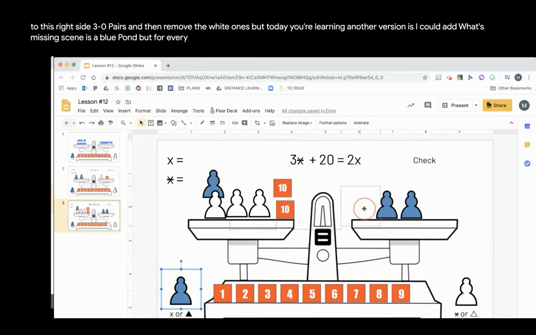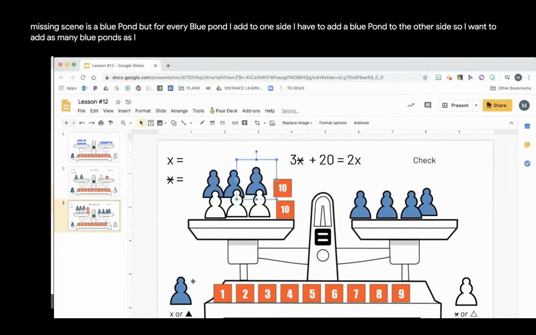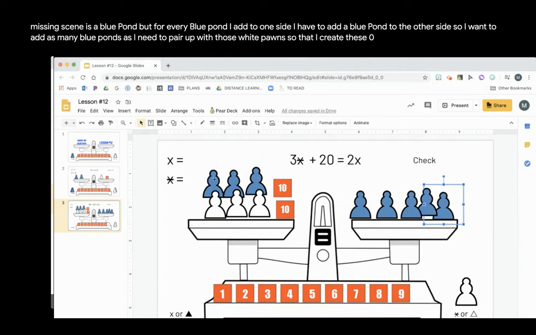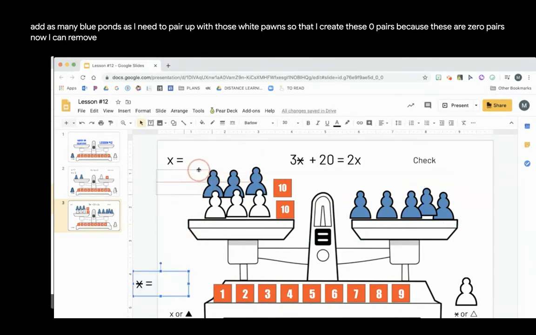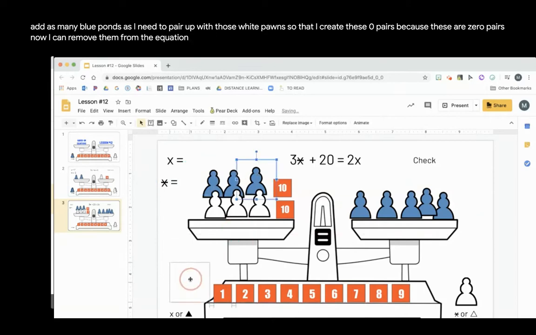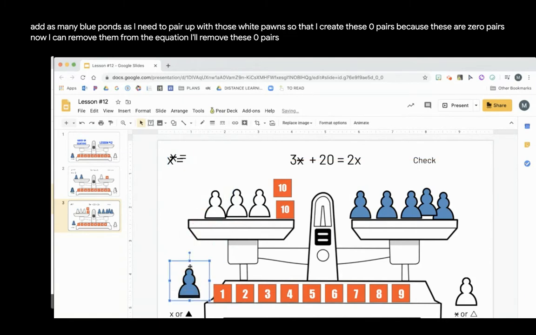But for every blue pawn I add to one side, I have to add a blue pawn to the other side. So I want to add as many blue pawns as I need to pair up with those white pawns so that I create these 0 pairs. Because these are 0 pairs, now I can remove them from the equation. I'll remove these 0 pairs.